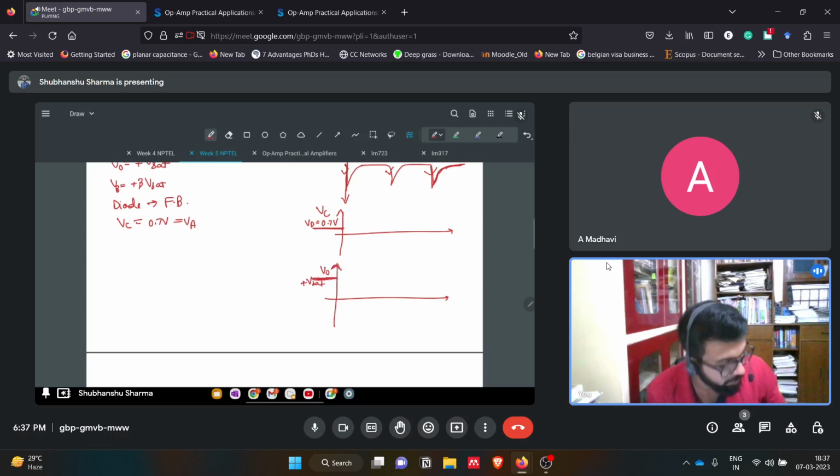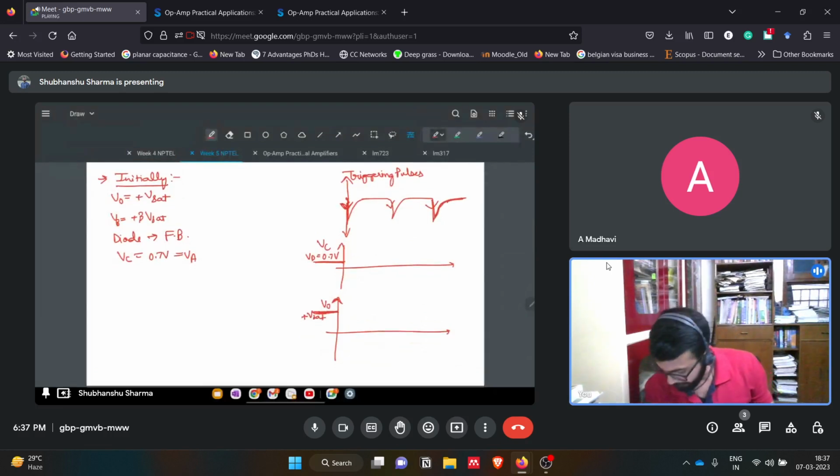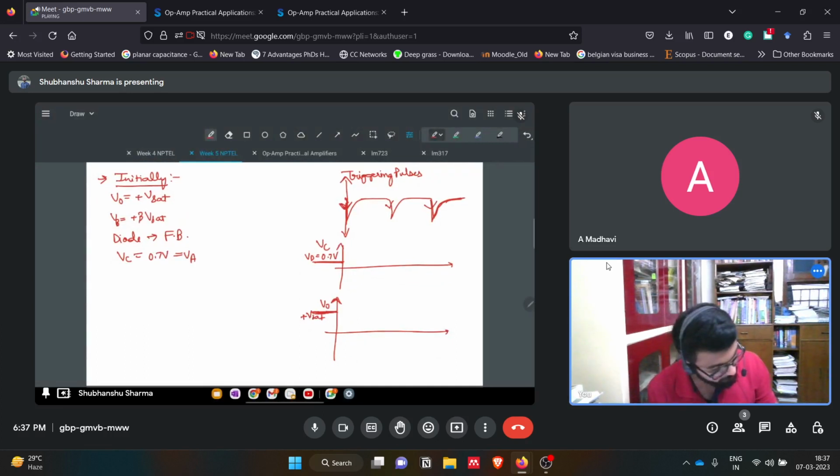This is all happening before the trigger. So Va is less than Vb, where Vb equals beta Vsat, which is normally higher than 0.7 volts. So Vb is greater than Va, and that's why we have plus Vsat.